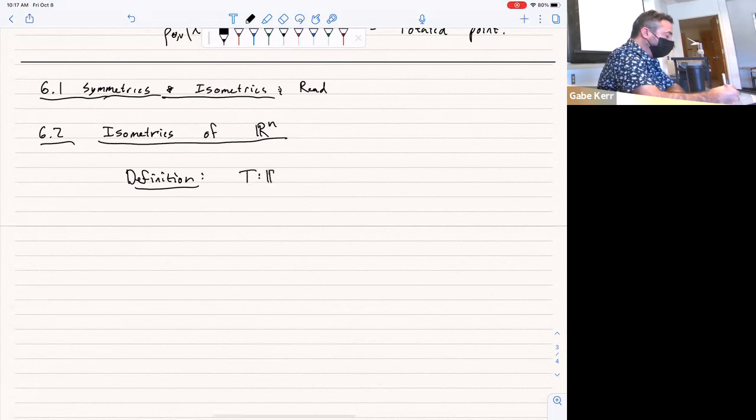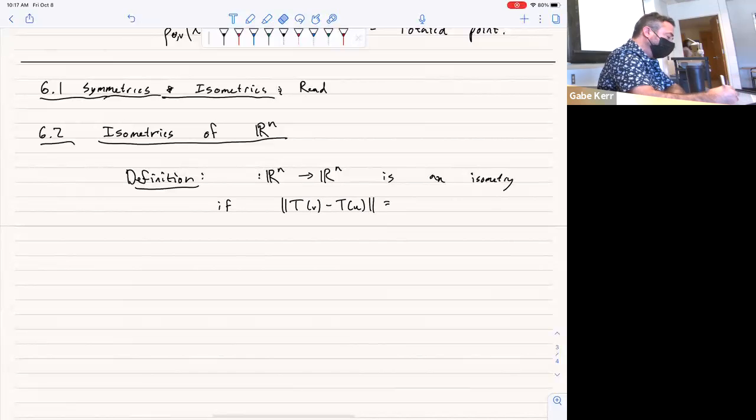A map T from Rn to Rn is an isometry if the norm of T of V minus T of U equals the norm of V minus U. We call it phi. I'm sorry, I shouldn't call it T. T makes it look like it's a linear map. It's not. It's just a map that preserves distances.